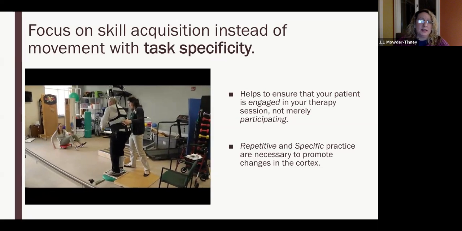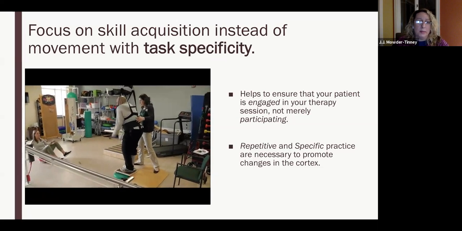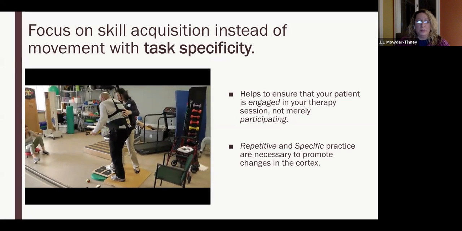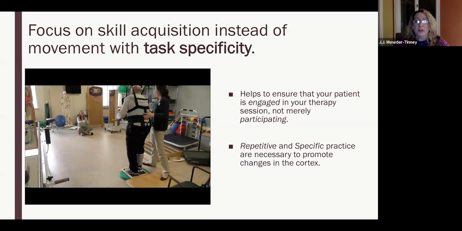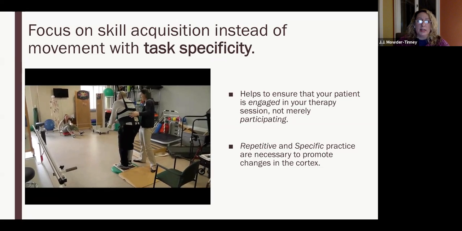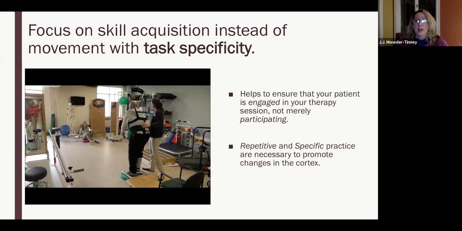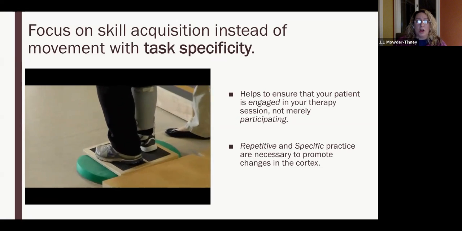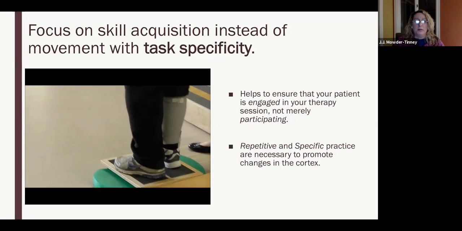So when he came to us, I said, he's going to still go to his outpatient therapist one time and see us once. I said, we don't want to work on what everyone else is working on. Let's only work on reactive balance. And I'll talk about reactive balance when I get to that section, but this is my new love and my new focus. I said, all I want you to do is focus on reactive balance, and for all your activities, I want you to just keep being creative.